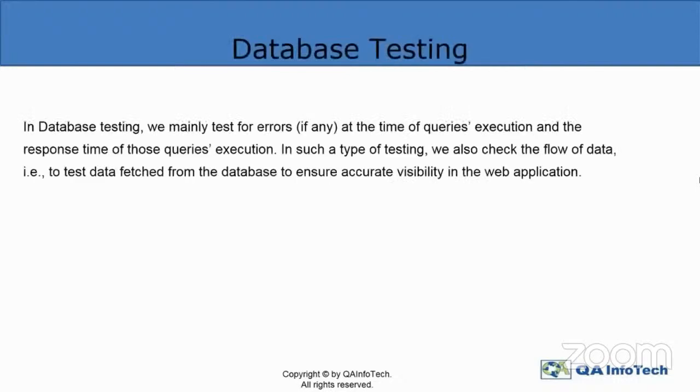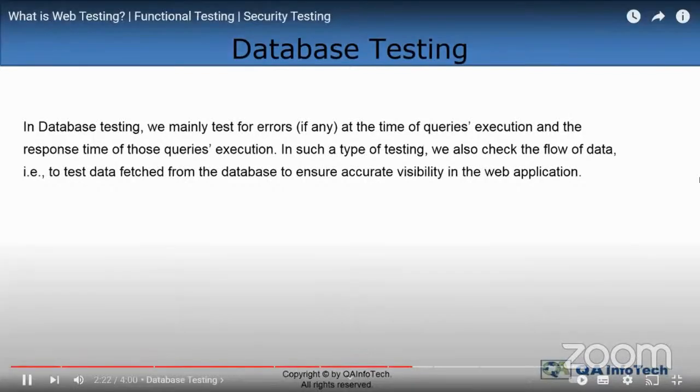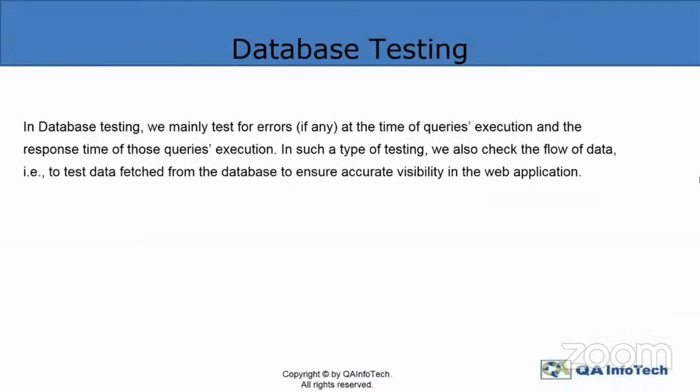Testing for errors at the time of query execution and its response time is what is conducted in database testing. Testing the flow of data, whether it is displayed appropriately on the web page, is also conducted under database testing.